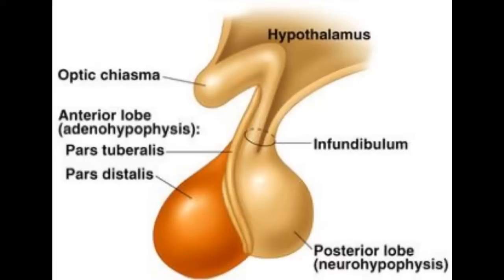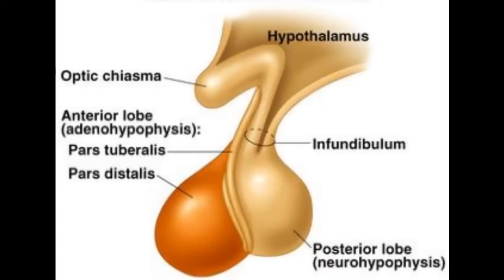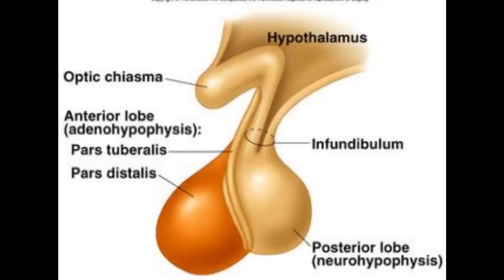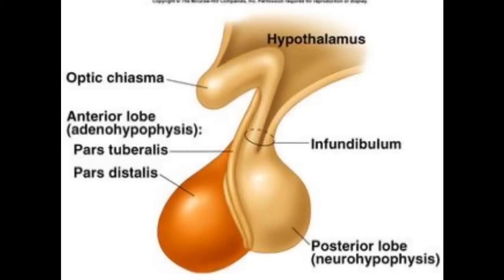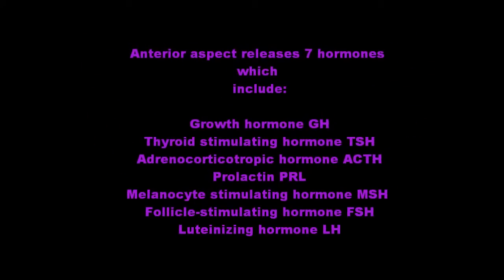There are two different aspects of the pituitary gland, which include the anterior and posterior pituitary gland. There are 7 different hormones that are released from the anterior aspect.